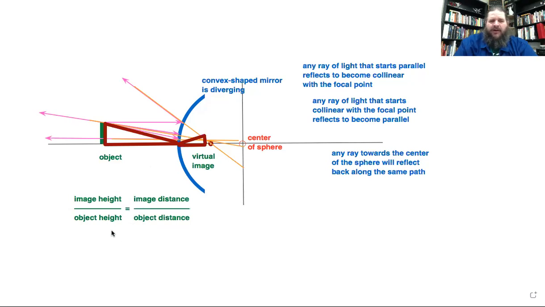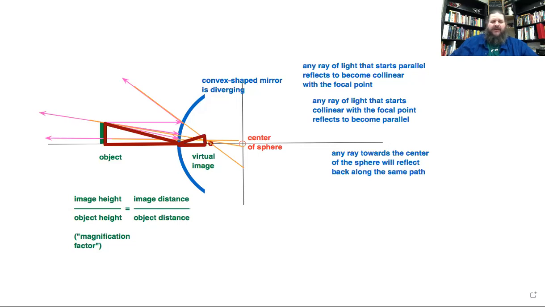And this ratio, image height over object height, is usually called the magnification factor, in the sense that the image height over object height ratio tells you how magnified the image appears to be. Like if the magnification factor is exactly, let's say, 1/3, that means the image height is 1/3 as much as the object height. Or if the magnification factor is 20, that means the image seems to be 20 times bigger than the object.